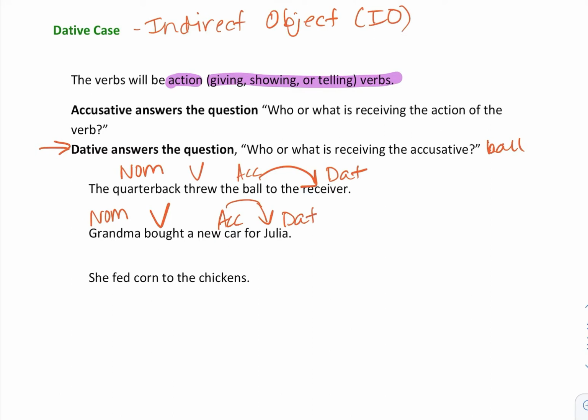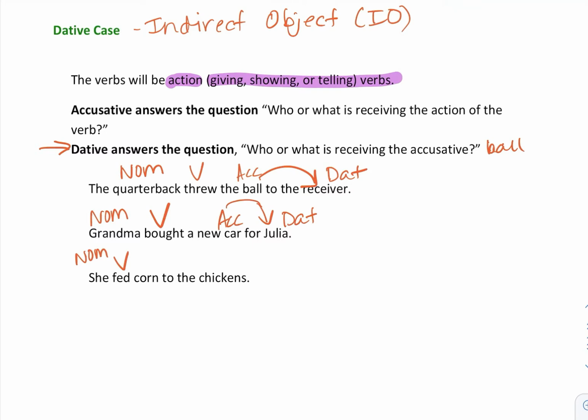Okay, the last one. She fed corn to the chickens. So fed is the verb, and it's the action verb, because I will tell you that you cannot have a to-be verb in a sentence with a dative. It needs to have an action verb. So who fed? She fed. So she is the nominative. What got fed? What got the action?